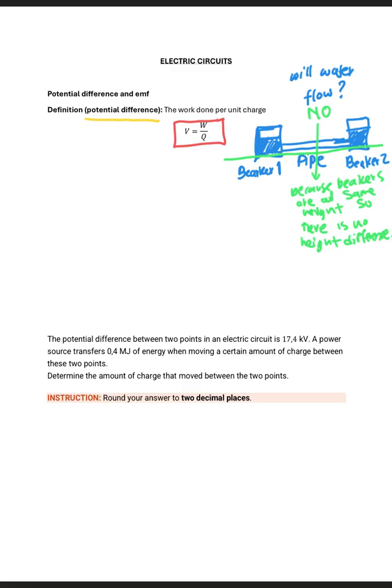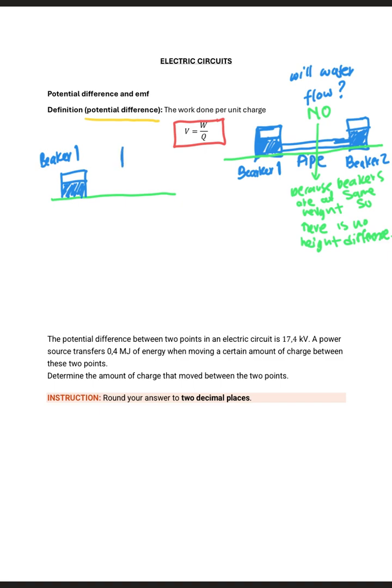Now, I am going to lift one of the beakers to a certain height, and the other beaker will remain in the same position, right? So we have the same situation, but the difference now is that one of the beakers is lifted up. Beaker 1 remains in its position, and the water level is still the same. But the other beaker, we're gonna lift it to a certain height.